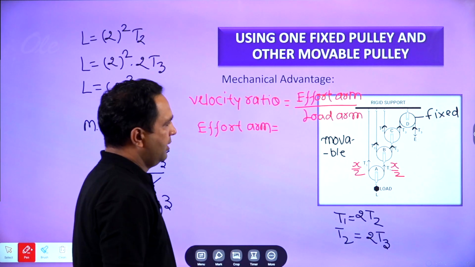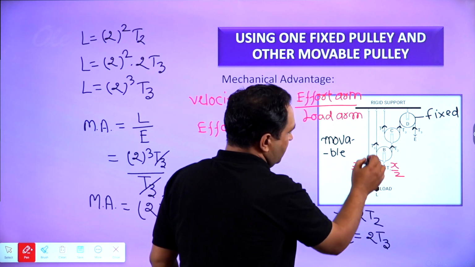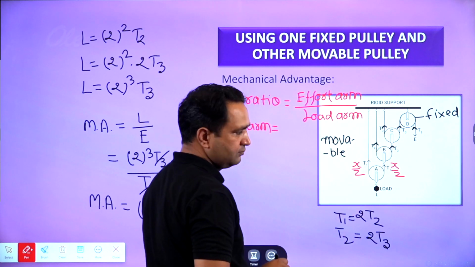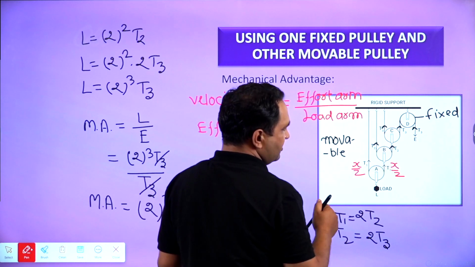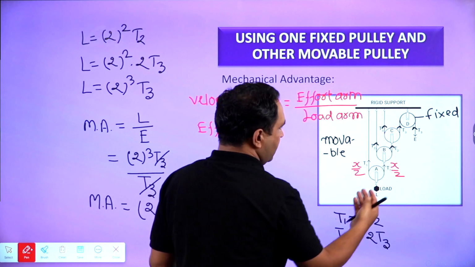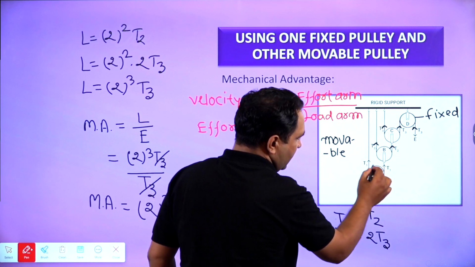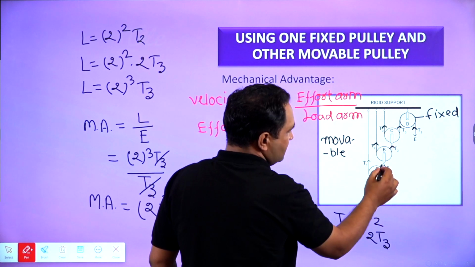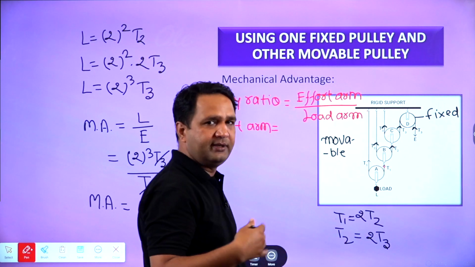As you can see here, one segment of this movable pulley is fixed. Hence, the total displacement at this segment will be double.